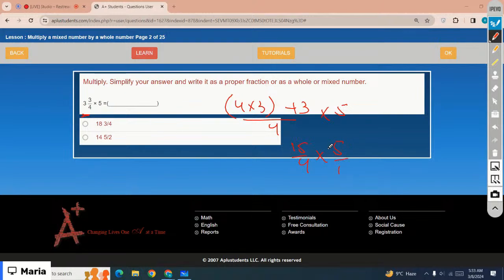You have to do 15 times 5, which is 75 over 4. So divide 75 by 4. 4 times 1 is 4. 4 times 8 is 32. Here you have 3. So the correct option is 18 whole 3 over 4. Option number 1 is the correct option.